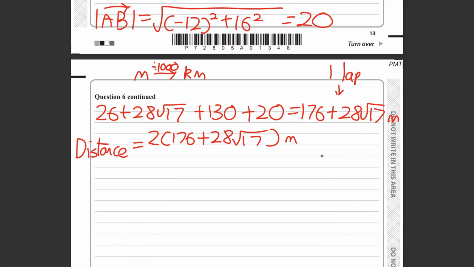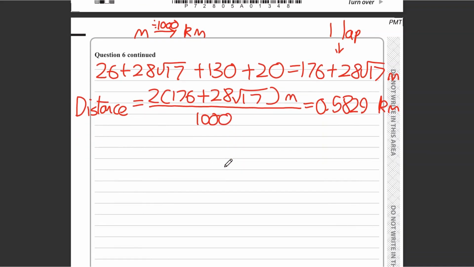So at the moment, our answer is in meters, so in order to get into kilometers, we need to divide this by 1,000. If you put this into your calculator, you get a number of 0.5829, and then this will now be in kilometers because we've divided the meters by 1,000. Okay, so that's the distance.